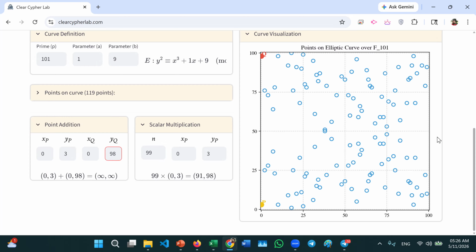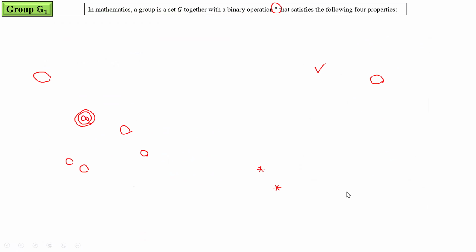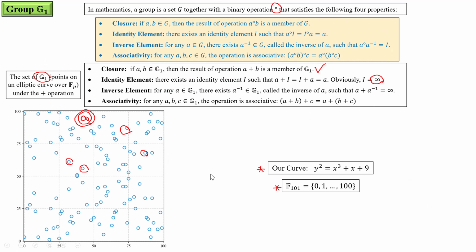If you check this figure, you see that any element in this figure has a reflection point over a line, right? Let's go back to the slide here.